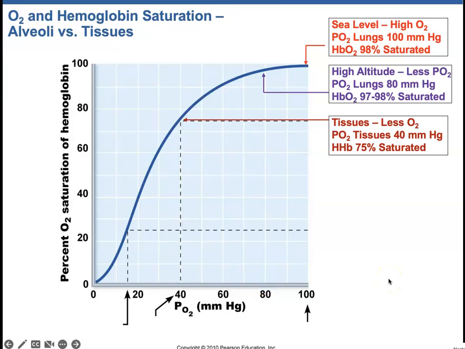Now, when you look at our blood, when you're looking at your systemic arterial blood, our saturation of oxygen is going to be pretty good, okay? Now we're at rest. So now we delivered the blood to the tissues, and now let's look at what happens to our oxygen saturation.